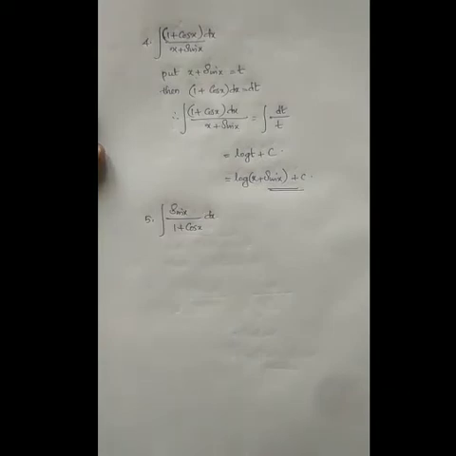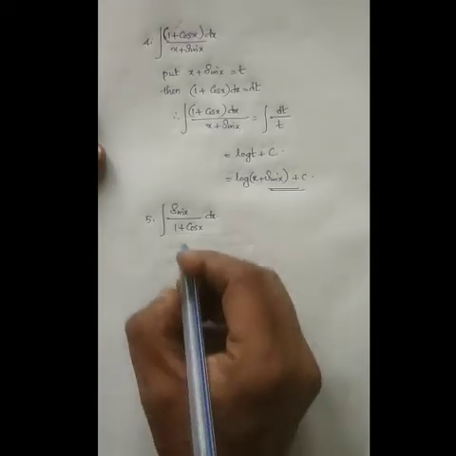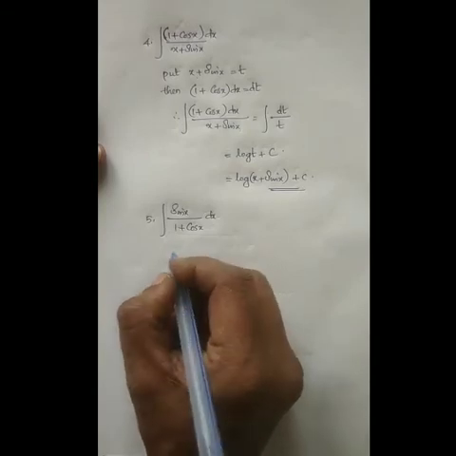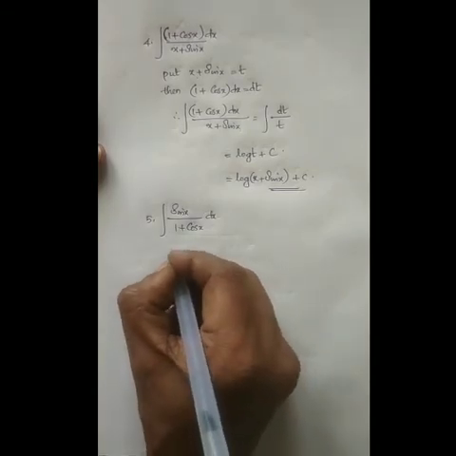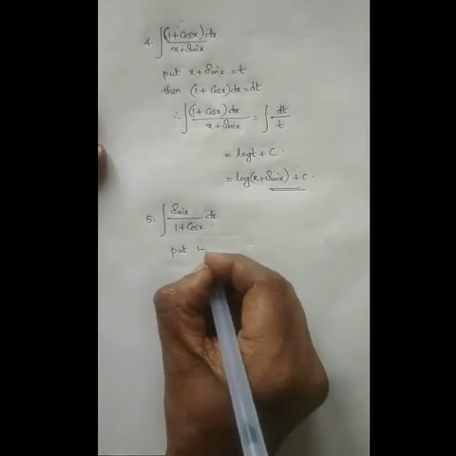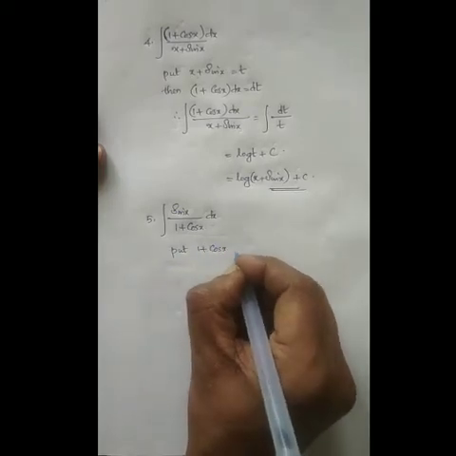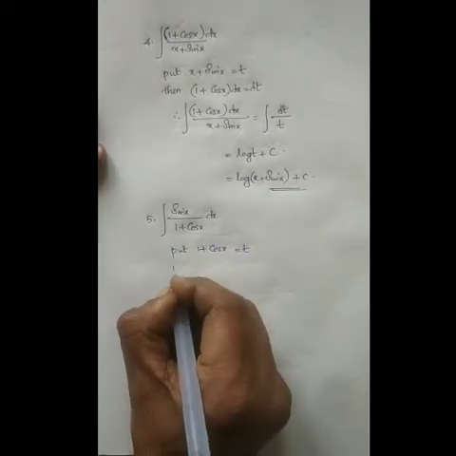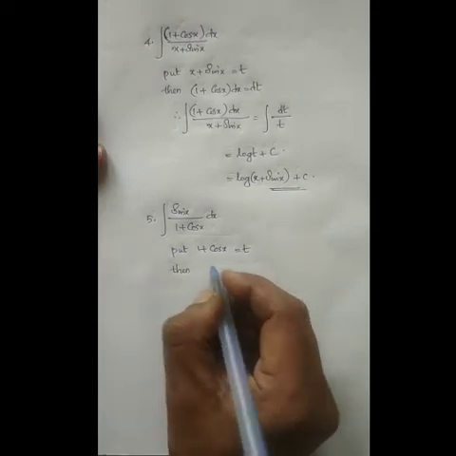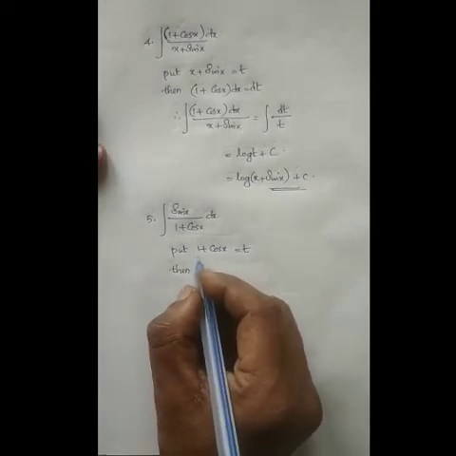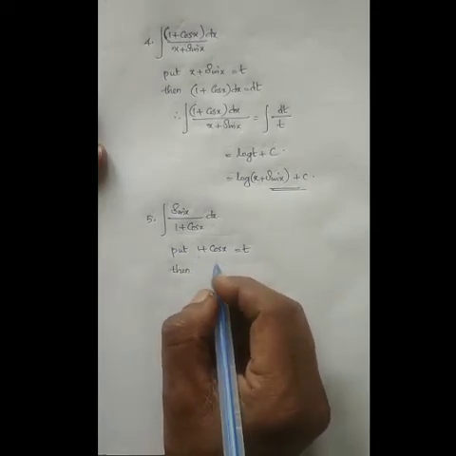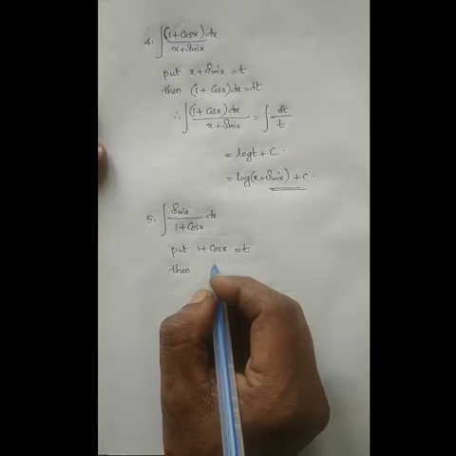Another example: integral of sin x divided by (1 plus cos x) into dx. For integrating, substitute the denominator equal to t. That is, put 1 plus cos x equal to t. Then differentiating we get, differential of 1 is 0 and differential of cos x is what?